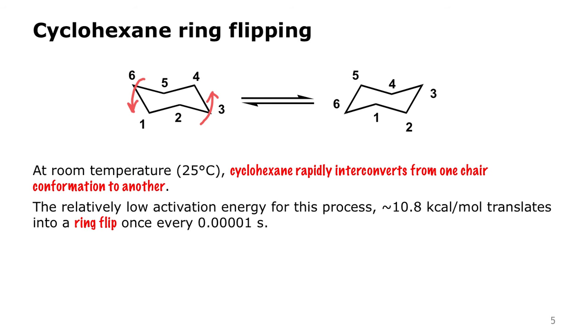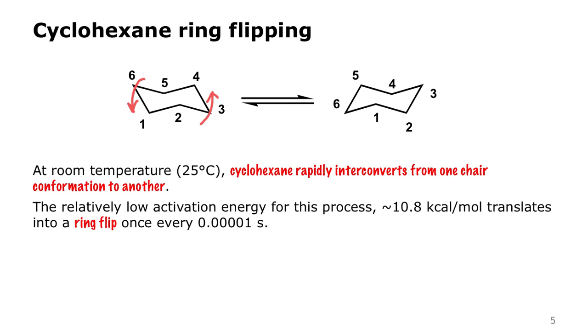And we can see this over here to the right, the other structures. So this is also a chair conformation, but you'll notice now carbon number 6 is pointed down in what we think of as the footrest position, and carbon 3 now is up. This is known as ring flipping or chair-chair interconversion.